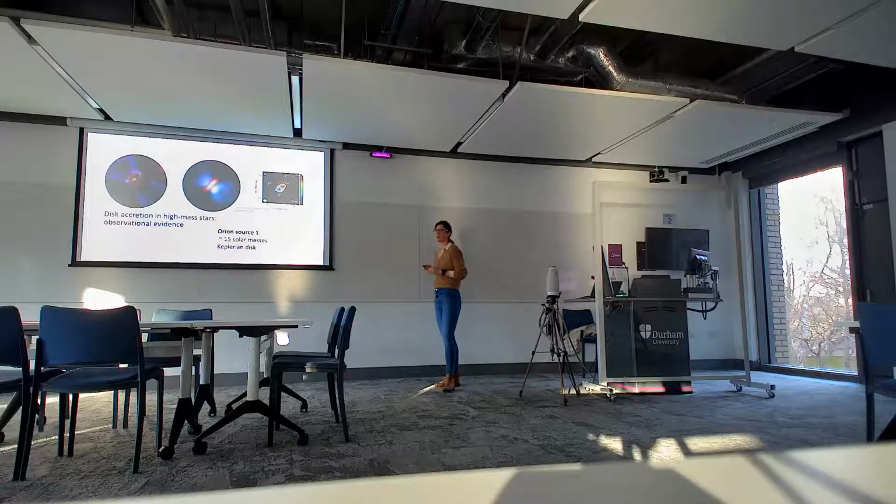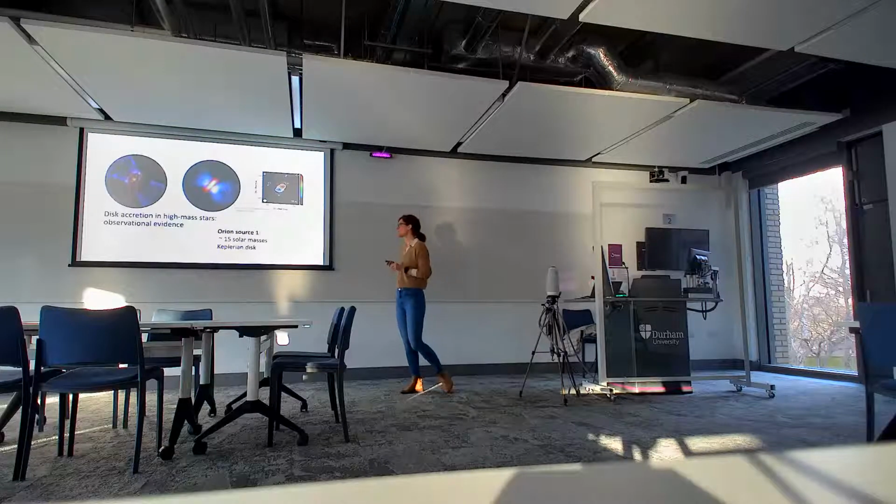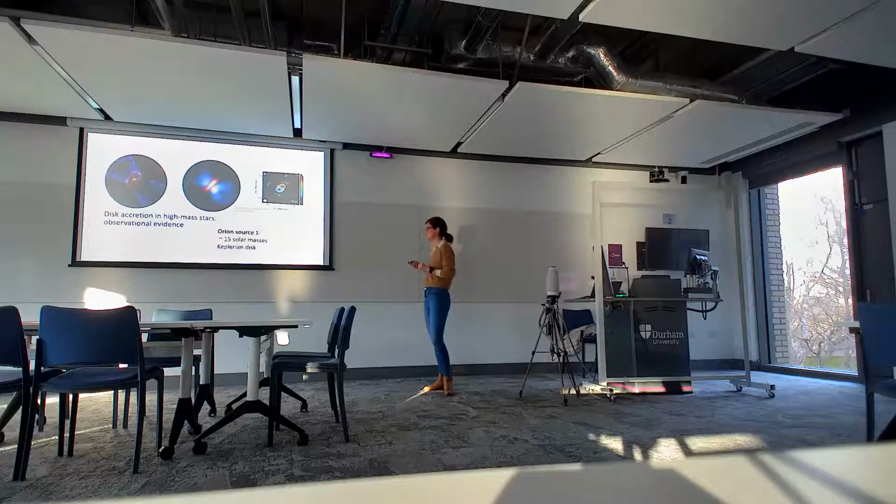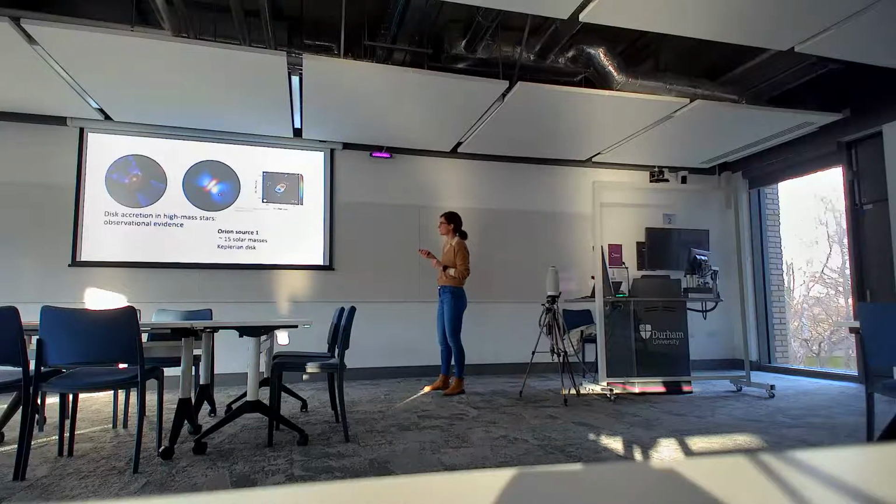This is Orion Source 1, also sometimes referred to as the KL object. It's the star that is forming in Orion. It's a young massive star of about 15 solar masses. This is an actual image, and this is an artist's impression of this image. So it has this sort of sausage-looking structure in the middle.